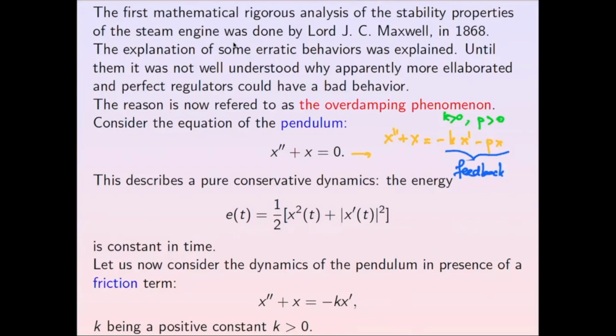The exercise consists in showing that if, rather than considering this simple velocity feedback, you allow for more sophisticated feedbacks that combine both position and velocity, then you can achieve the decay rate you wish without any limitation. Okay, so we see here already some of the key ingredients in control theory.